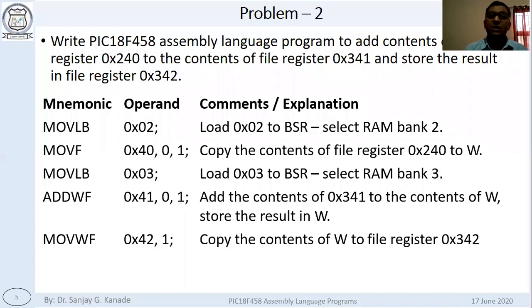So we used the access bank type of data access. In problem 2, all of the three registers were from different banks, bank 2 and bank 3. So we used BSR mode all the time.